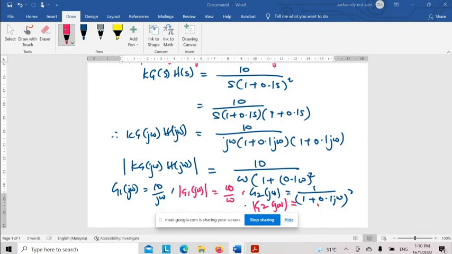So for G2, you have 1 plus 0.1 omega square. This is for gain.